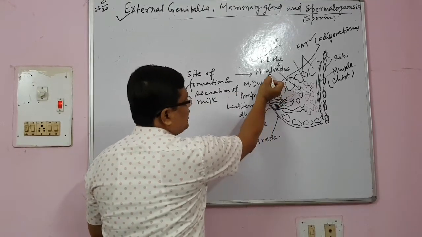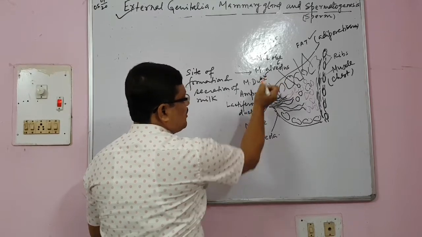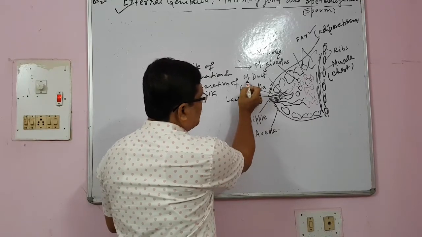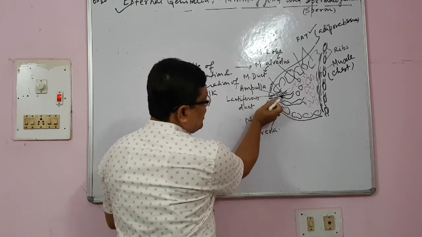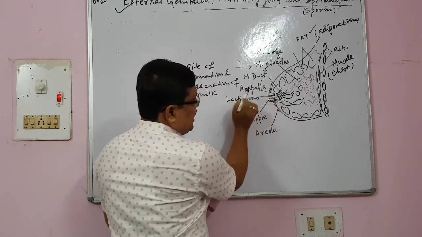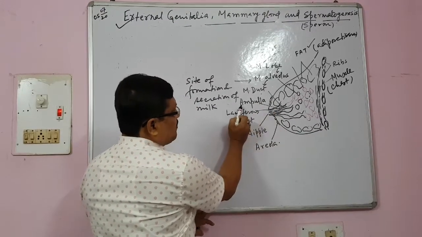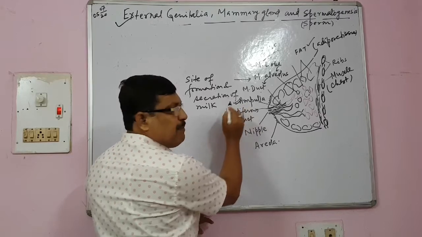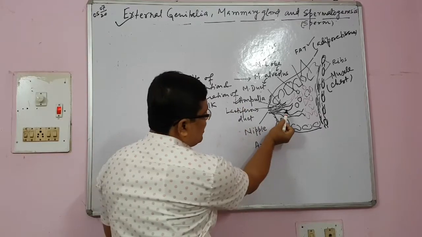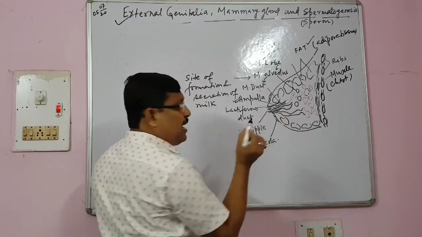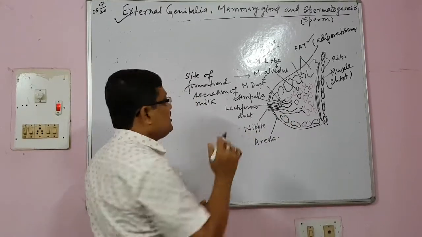After that, many alveoli fuse to form the mammary duct. The mammary ducts meet to form the mammary ampulla, and in the ampulla the milk is stored.